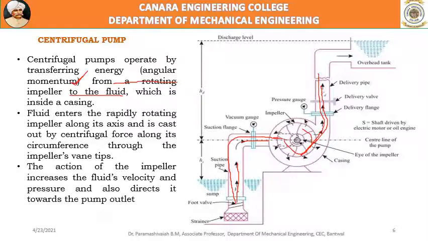The fluid enters the rapidly rotating impeller along its axis and is cast out by centrifugal force along its circumference through the impeller's vane tips. That pushing of the liquid is due to the centrifugal force of the rotating impeller. That's why it is called a centrifugal pump.